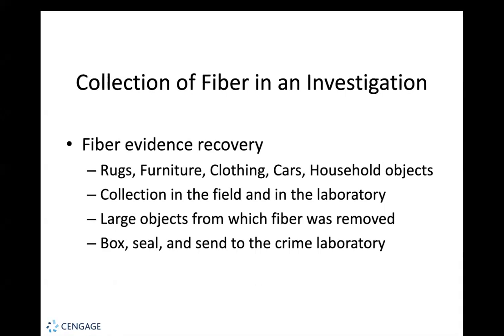Now, collection of fiber in an investigation. Fiber evidence recovery: rugs, furniture, clothing, cars, household objects are areas that you might want to look at. Collection in the field and in the laboratory: large objects from which fibers were removed, box, seal, and send to the crime laboratory.